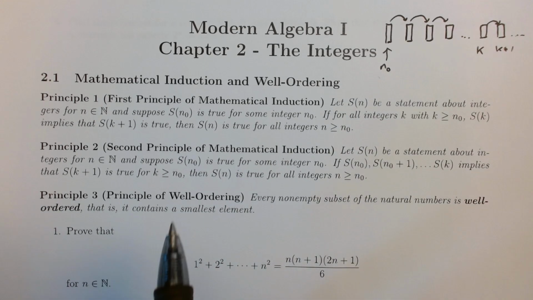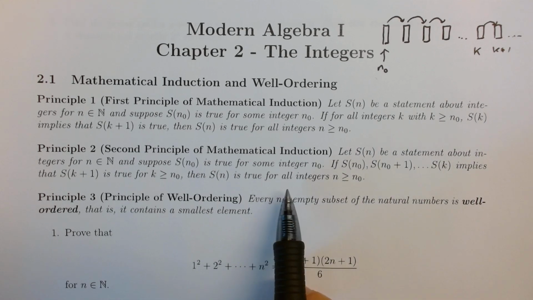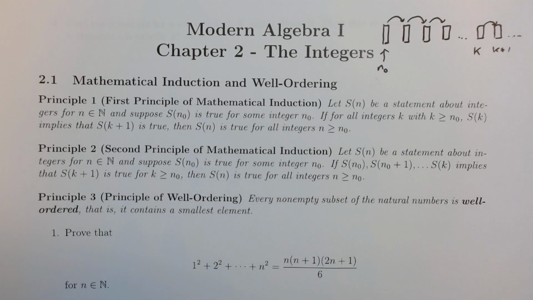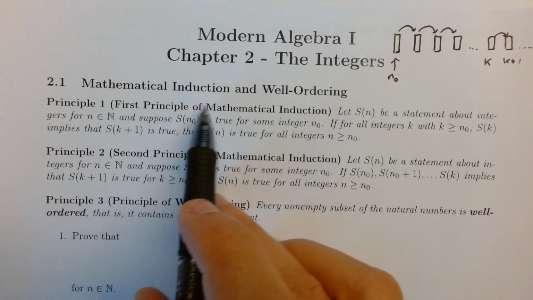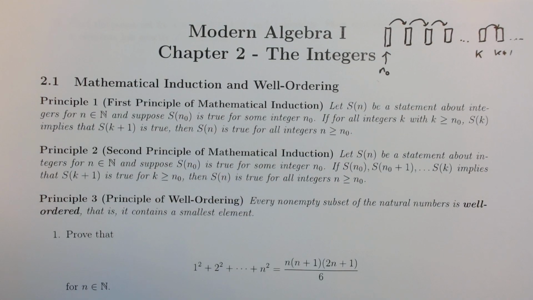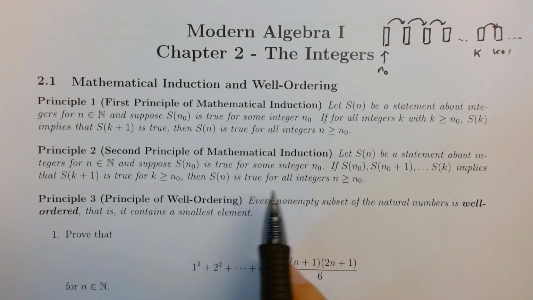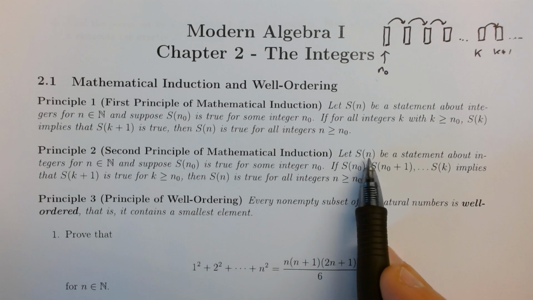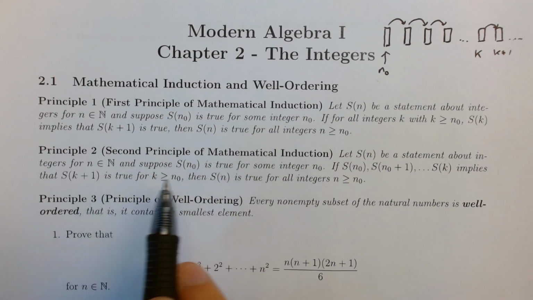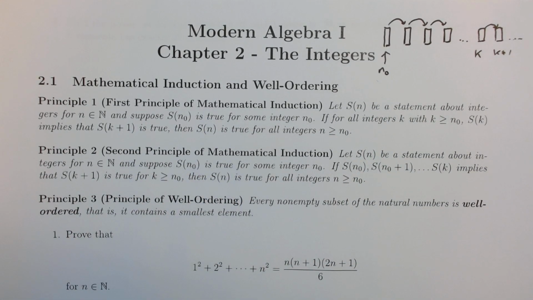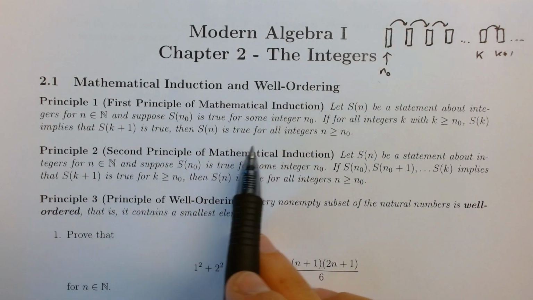And then the second principle of induction is what we a lot of times call strong induction, and this first one we call weak induction. It's a similar setup. We have S of n, a statement on natural numbers, where it's true for some starting natural number, n sub 0. And now we get to use something stronger.